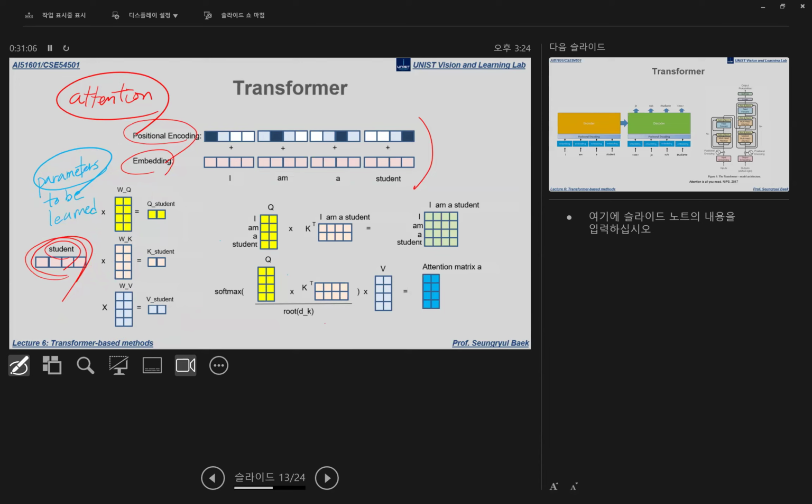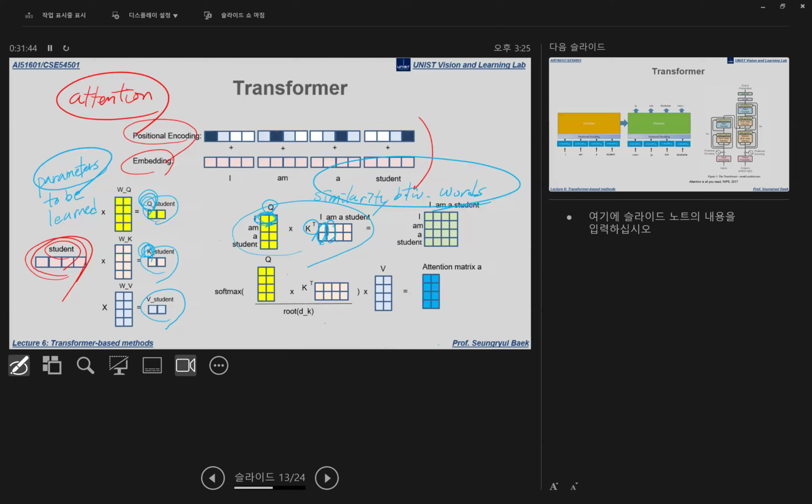And then with this QKV, what we do is that Q and K, query and key, are multiplied to measure similarity between words. As I told you, query and key are measuring some similarity between words. If I and I, their features are similar, then this will have a high similarity.